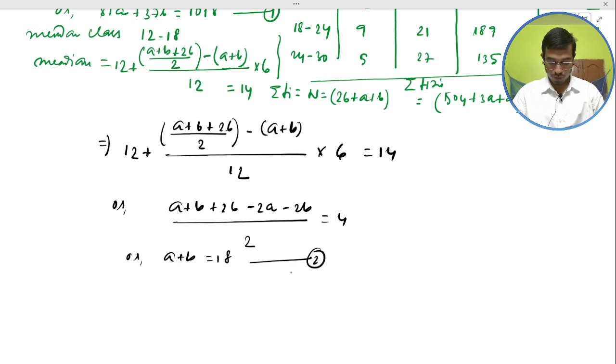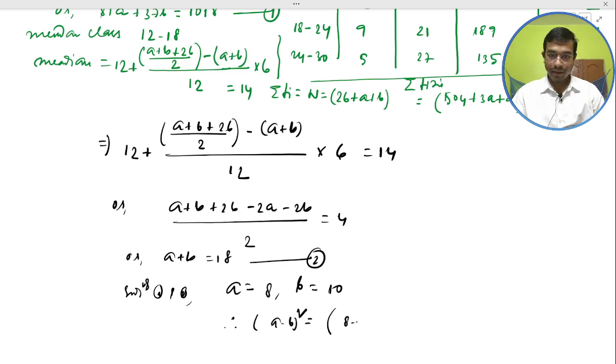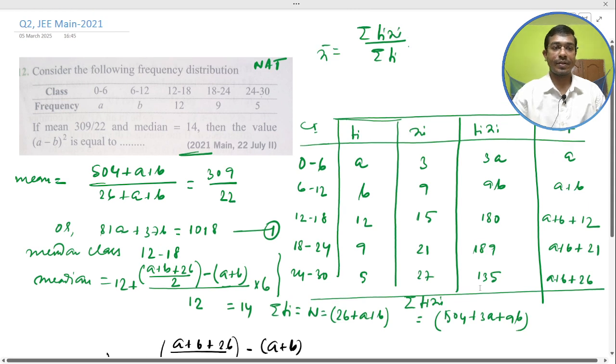This is equation number 2. On solving equations 1 and 2, you would get the value of a as 8 and b would become 10. Therefore, you have to find the value of (a minus b) whole square. This would become (8 minus 10) whole square. That means 4. 4 would be the correct answer.